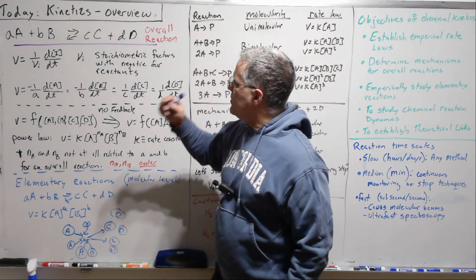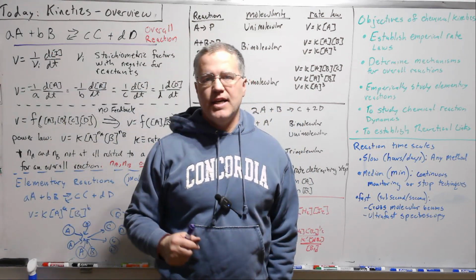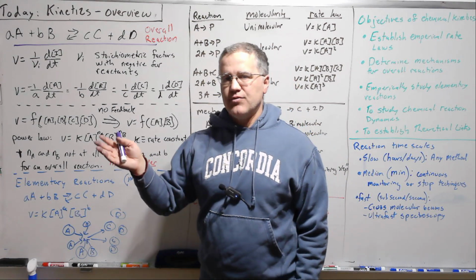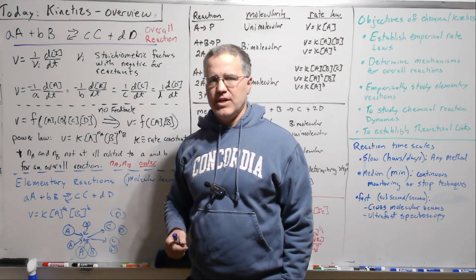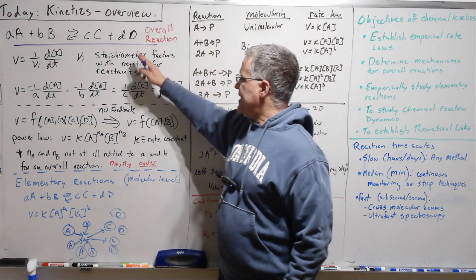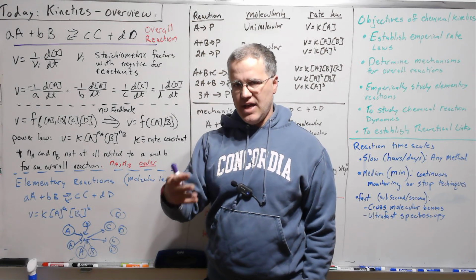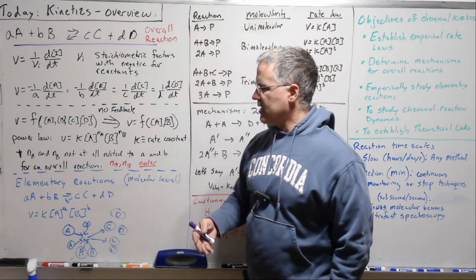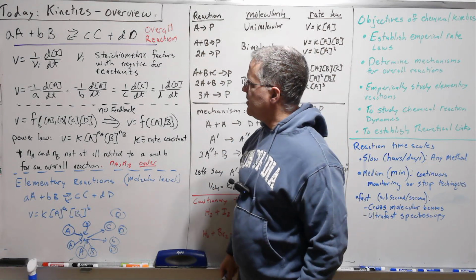And let's say we're able to monitor one of these. Let's say A has some color to it, and the rest are clear. As the reaction proceeds, we can see that color fade away because A is being consumed. Or maybe D has some electrochemical activity, and we can monitor that and see that electrochemical activity increase as the reaction happens because D is coming in.